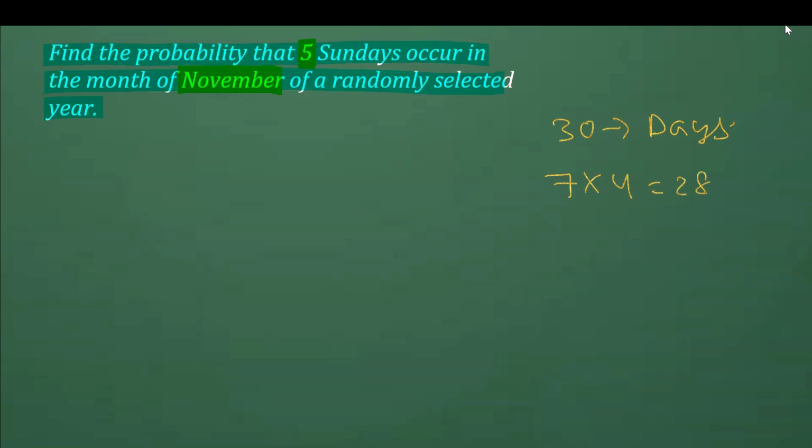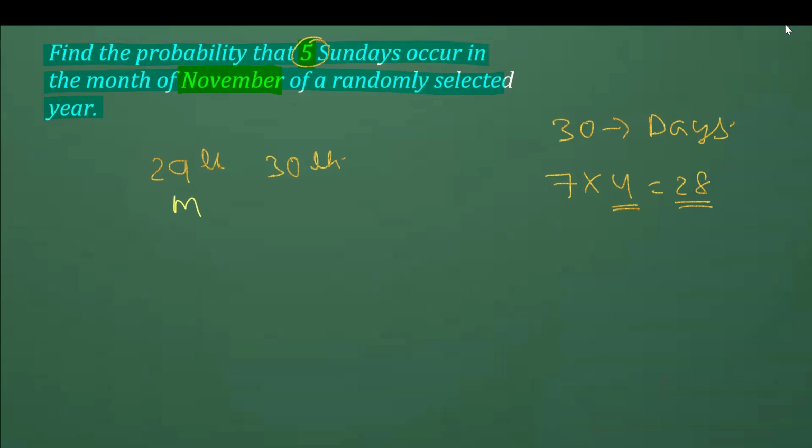Because 4 is confirmed, there will be 4 Sundays, 4 Mondays, 4 Tuesdays and all. So we have to find the probability that there are 5 Sundays. In 28 days, there are 4 Sundays. Then we have to look at the 29th and the 30th day. So what are the possibilities for this?